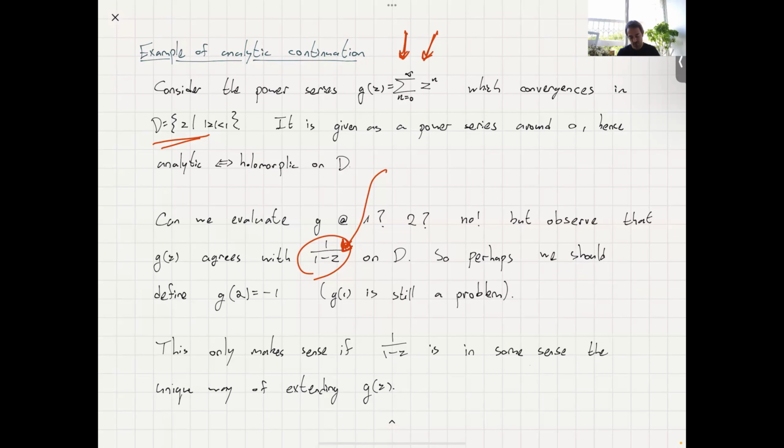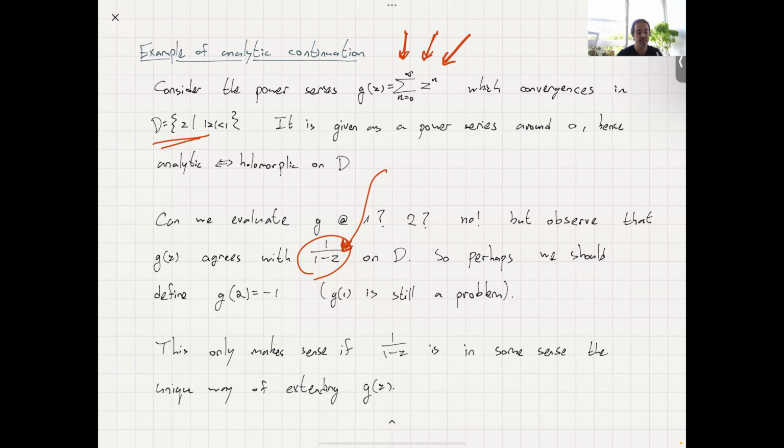Okay, so in a couple of slides, I'll try to be more formal and more general, but for that particular example, what I'm trying to say, and that's kind of crazy, is that G of z, that function that we started with here, determines 1 over 1 minus z.